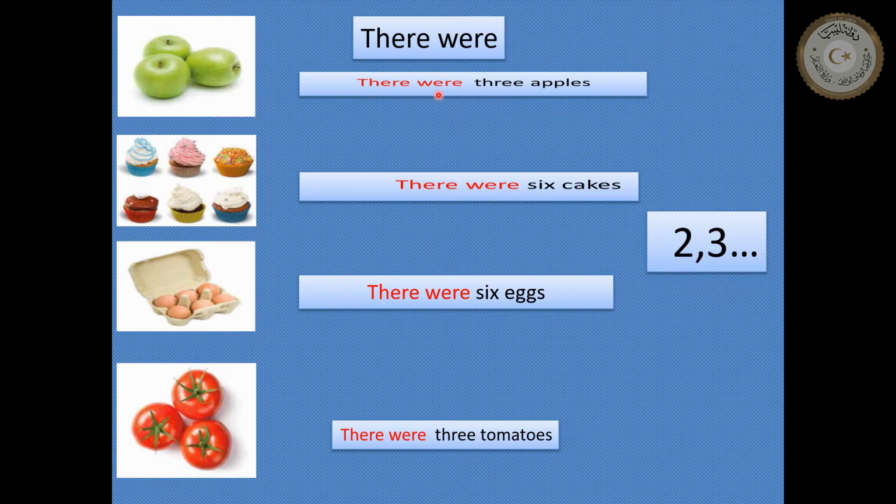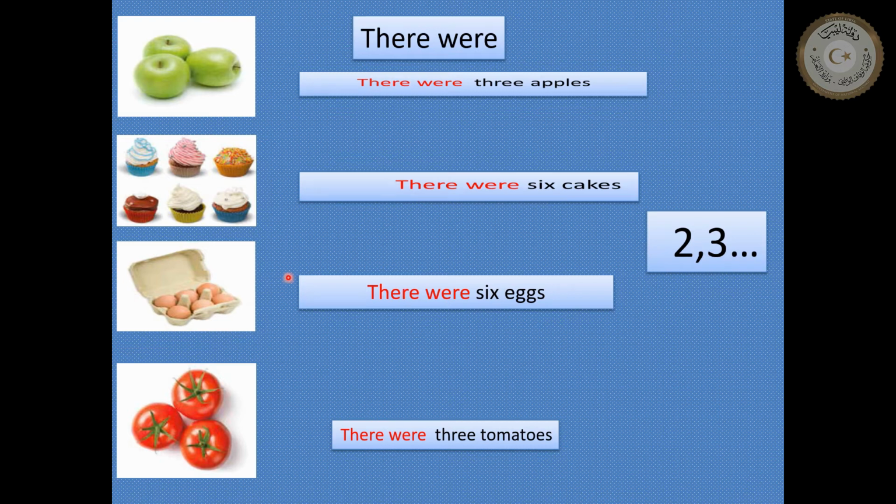If we have only one, there was. But 2, 3, like we have here 3, 6, we write there were. There were 6 cakes. There were 3 apples. There were 6 eggs. There were 3 tomatoes. So today we speak about there was and there were.